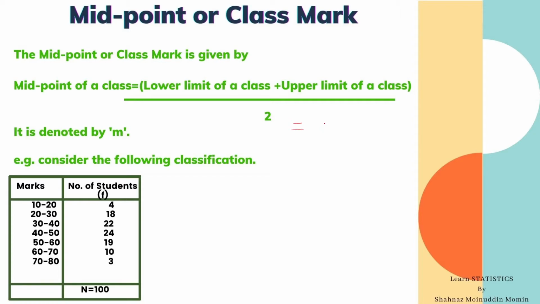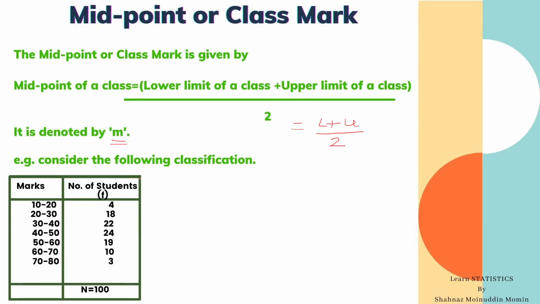Means it is lower limit L plus upper limit U divided by 2. It is denoted by small m. Now let us see how we calculate the midpoint or class mark.